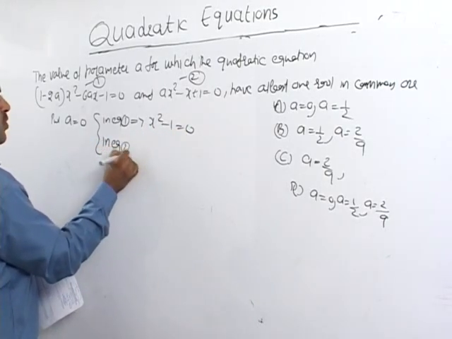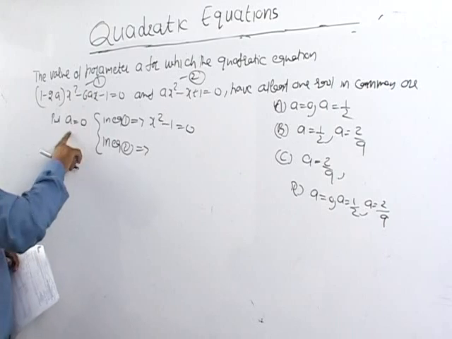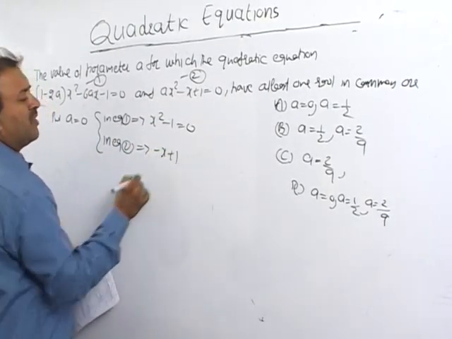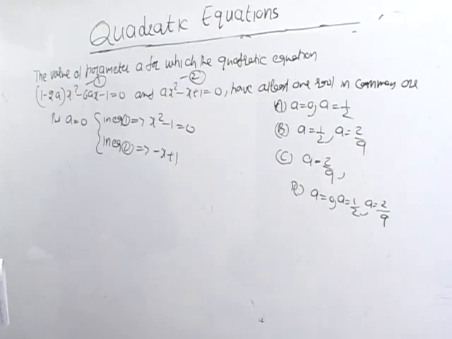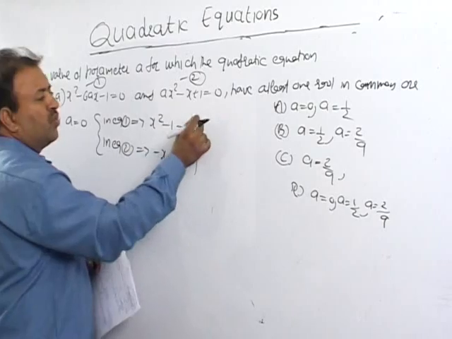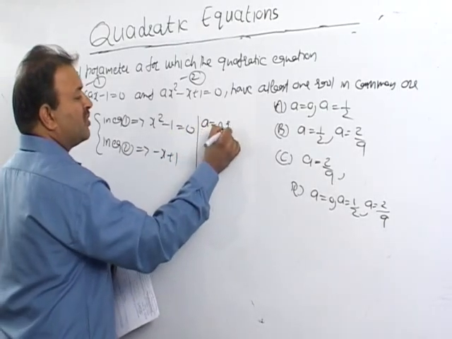In equation number 2, with A equal to 0, this quadratic becomes linear: minus x plus 1. So we got one linear equation by putting A is equal to 0. So A is equal to 0 is rejected.